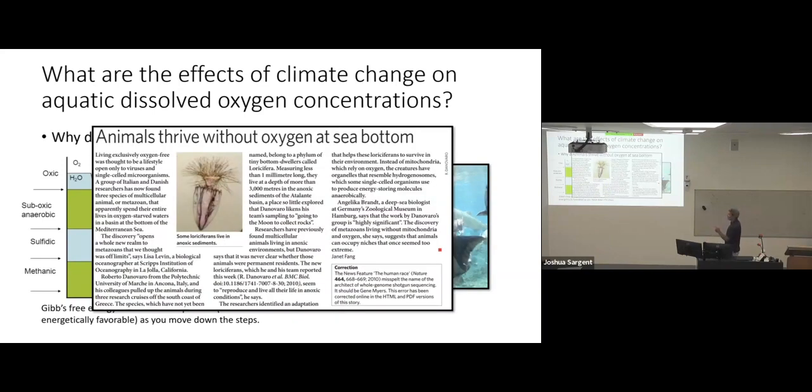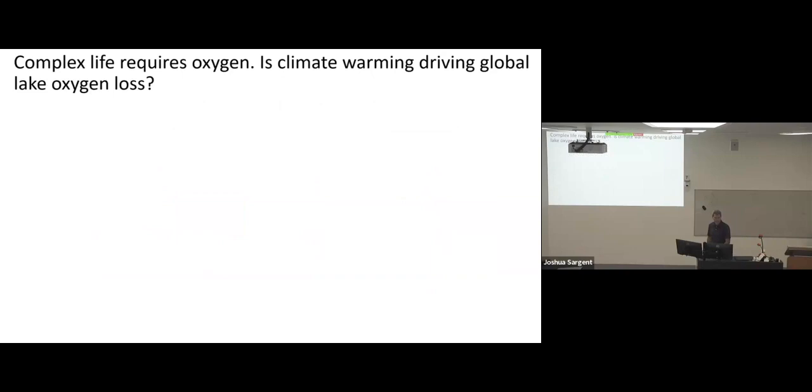There are some organisms in the ocean, and this paper was published in Nature a couple of years ago, that they found, metazoans, so multicellular metazoans in the ocean, surviving at basically, as close as we can measure it, to zero, complete anoxia. So I say the vast majority of complex life depends on dissolved oxygen. Complex life in general requires oxygen.